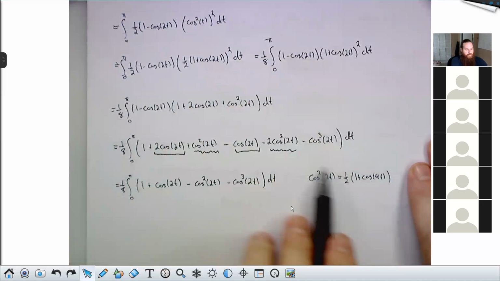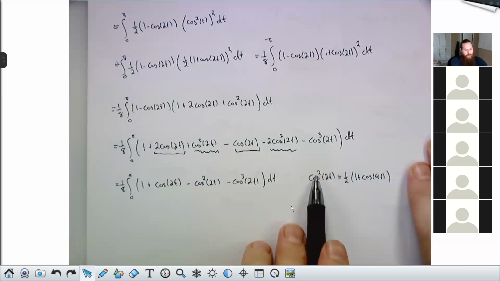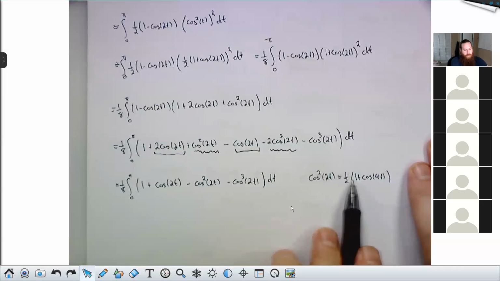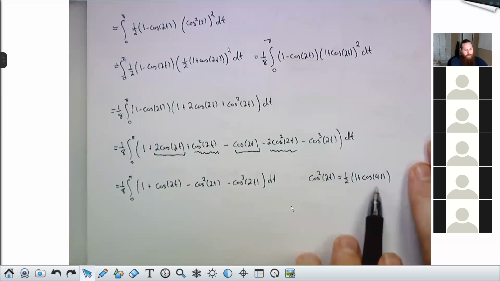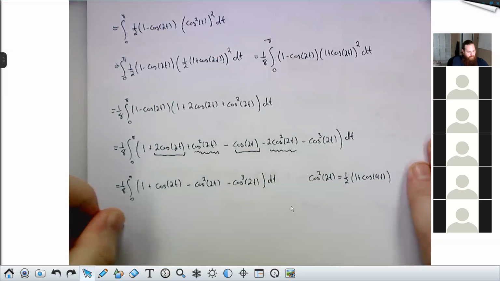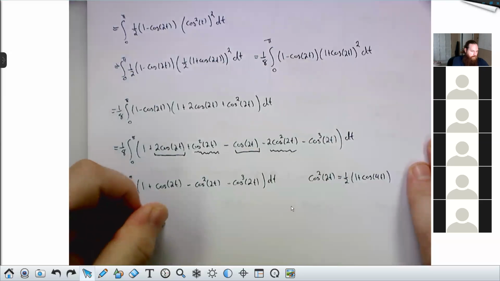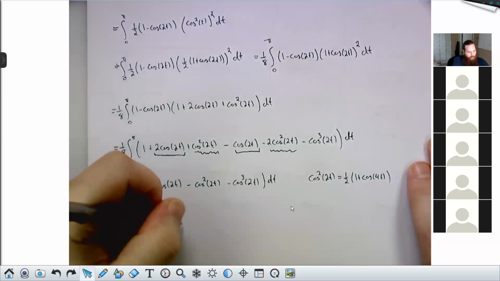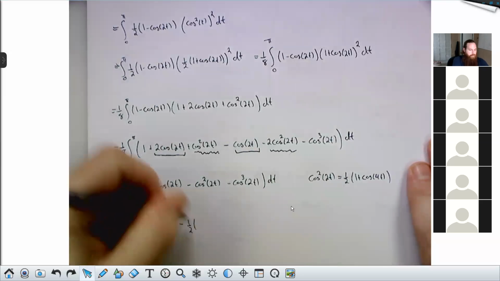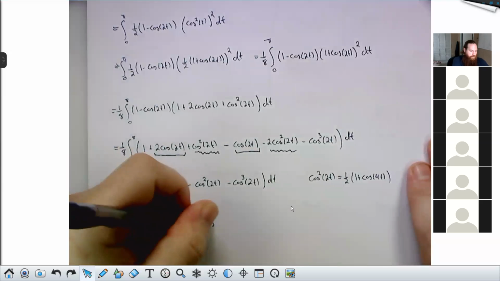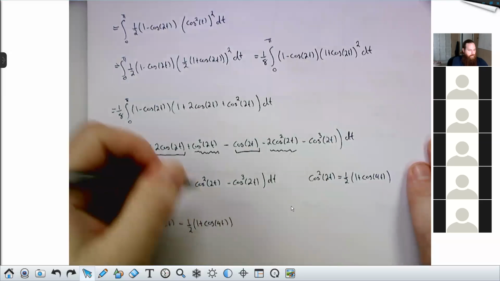So if I want to break this down, normally it's cos squared theta equals 1/2 times 1 plus cos 2 theta. Just plug in theta equals 2t. So I have 1 plus cos 2t minus 1/2 times 1 plus cos 4t.